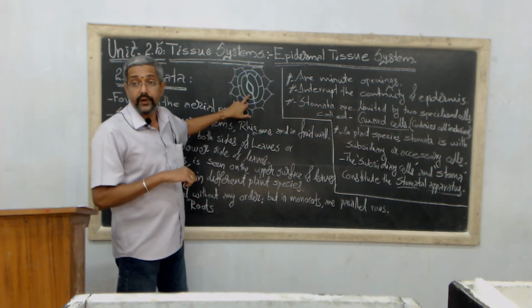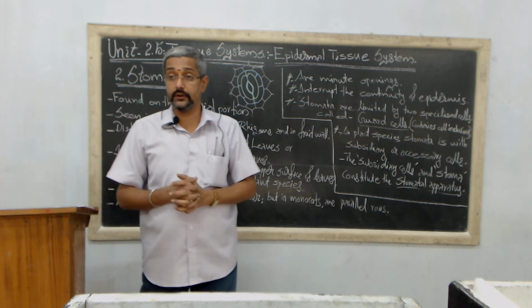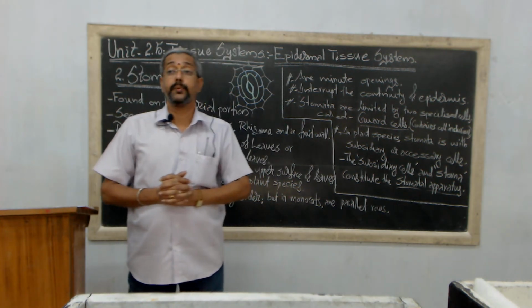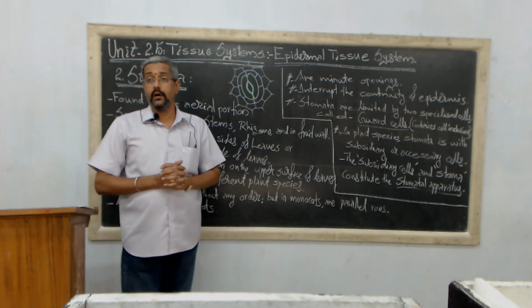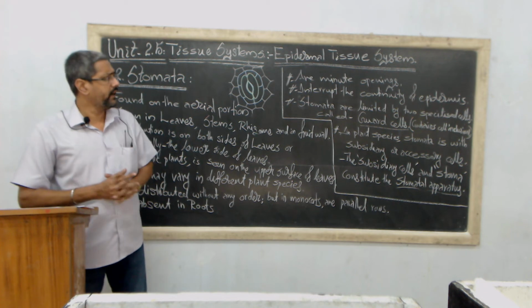In general, guard cells contain cell inclusions such as endoplasmic reticulum, mitochondria and other cell inclusions.